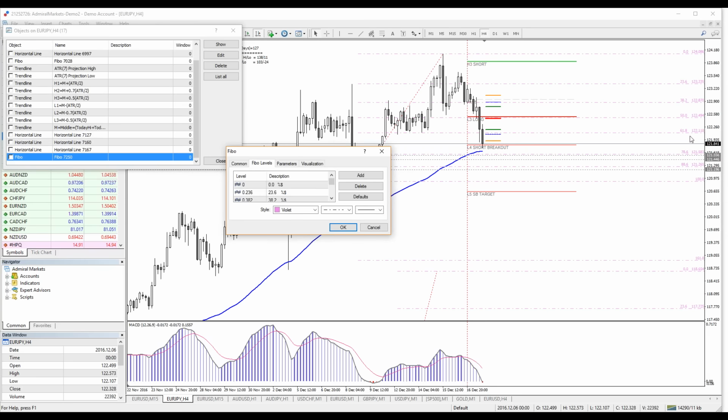But if you want to see these numbers here, just make some space after these numbers and enter percent and dollar sign. For 88.6, you go like this. Add 0.886, description 88.6, and you press OK, and you should have these levels. Okay, see, I added it already.